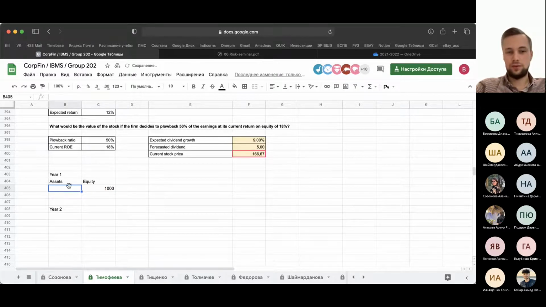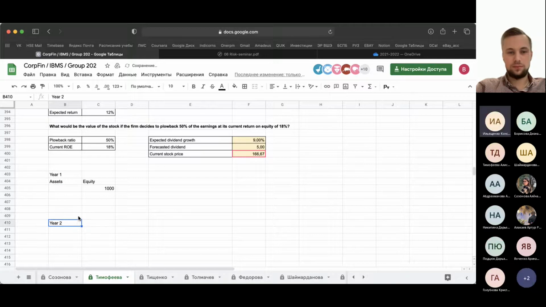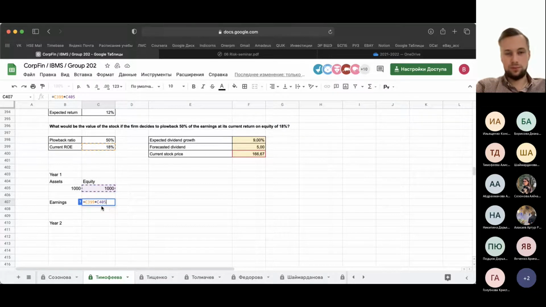So how much will we have in assets here? 1,000. Okay, so we have some earnings. Yes, and given that the return on equity is 18%, our earnings will be equal to this number, right? Yes, so our return on equity multiplied by equity.